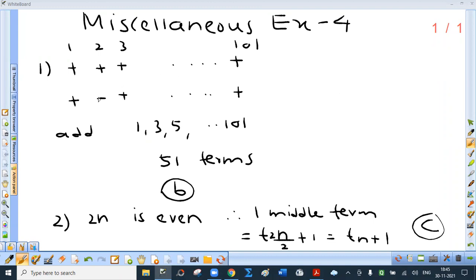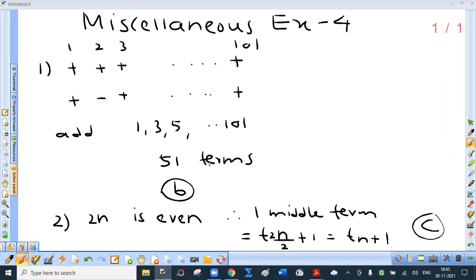See, in (x minus y) raised to 100, terms are alternately positive and negative. So all the terms are the same, except in the second case, terms are alternately positive and negative. So when you add first, third, fifth up to 101st, in all these are 51 terms. So correct option is B, Bombay.